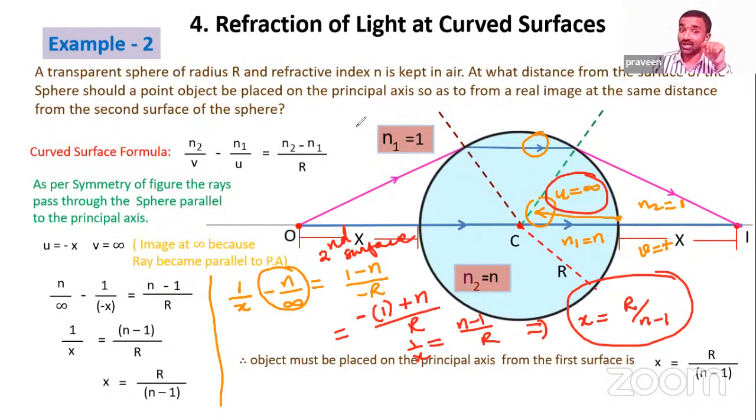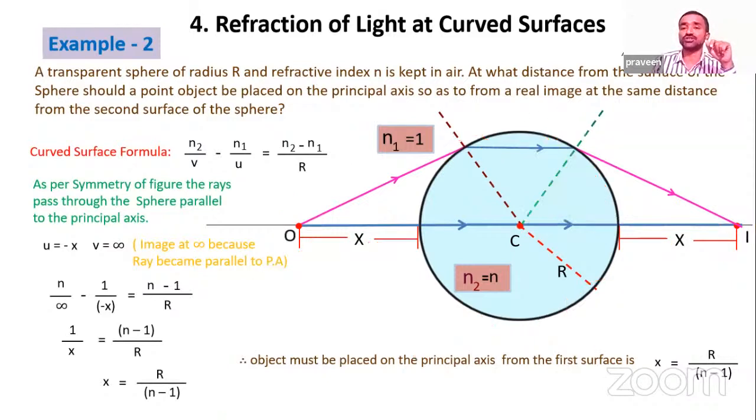The condition is that the given object distance and image distance are the same, so the rays are symmetrical. Otherwise, you won't get the image at the same distance. So these angles must be the same, otherwise it is impossible. That is the logic here, that's why we take parallel rays. So this is example 2.